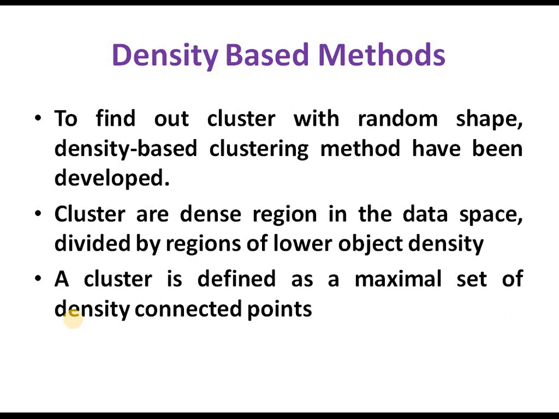DBSCAN and its extension OPTICS are typical density based methods that grow clusters according to a density based connectivity analysis. DENCLUE is a method that clusters objects based on the analysis of the value distribution of density functions.